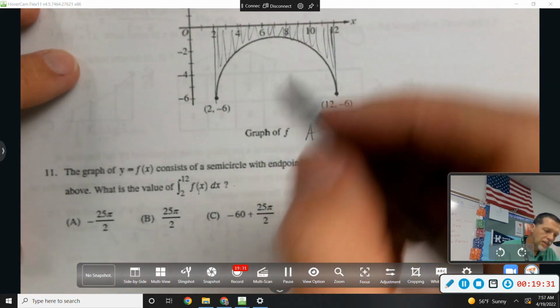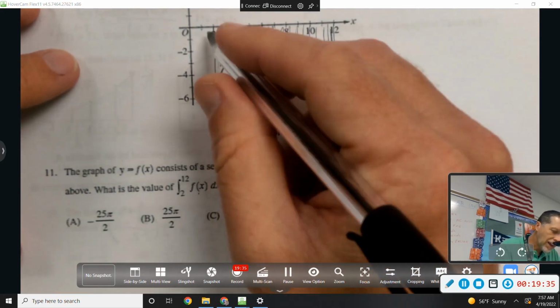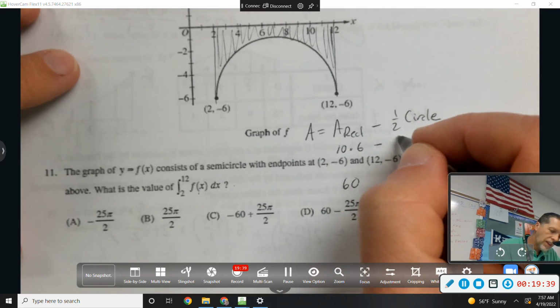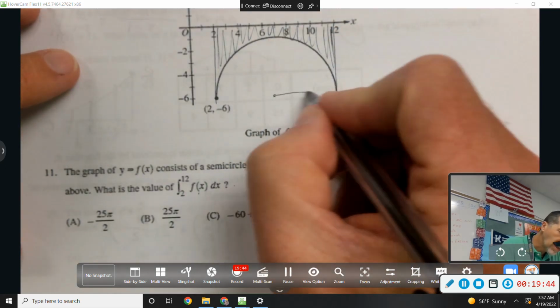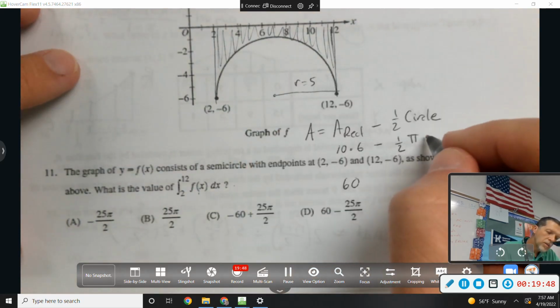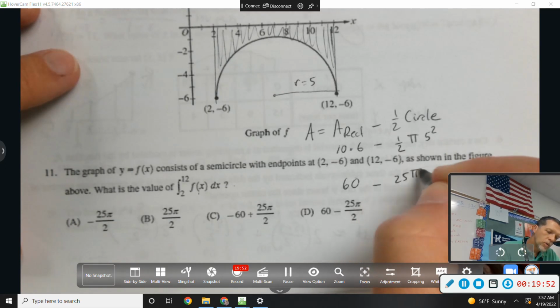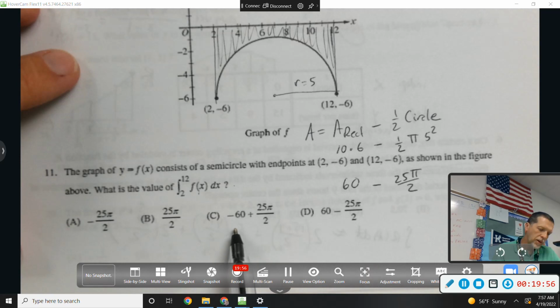So the rectangle is 10 by 6, and the half circle is, let's see, what was that radius? Radius was 5, so pi times 5 squared. And so quite a few people picked 60 minus 25 pi over 2, which is answer choice B.